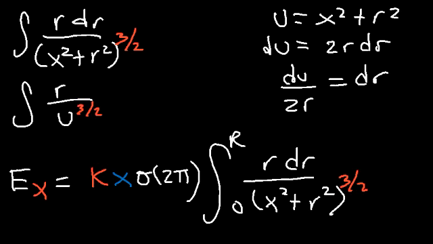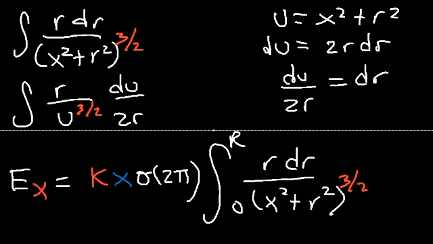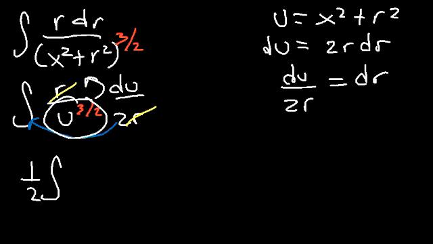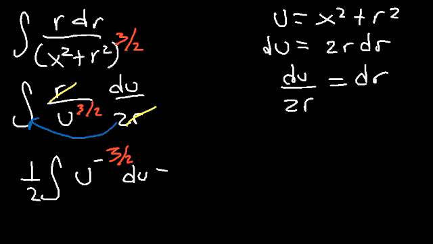And let's replace dr with du over 2r. So we can cancel the r variable, and the 2, let's move it to the front. Since it's on the bottom, it's equivalent to 1/2. Now we're going to take this u variable, move it to the top, which will change the exponent of positive 3/2 to negative 3/2, times du. So the antiderivative of u to the negative 3/2, you need to add 1 to negative 3/2.